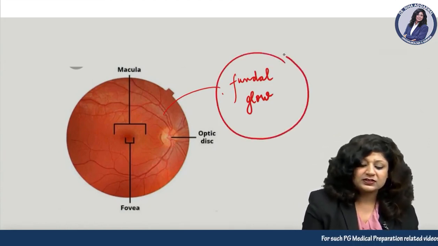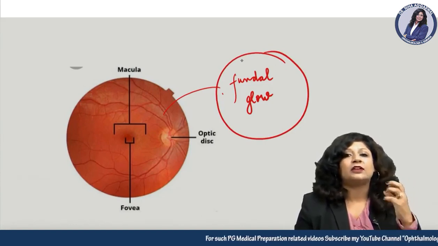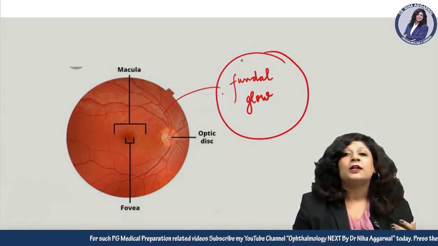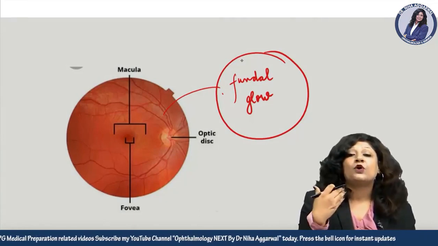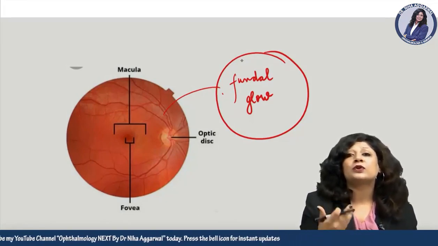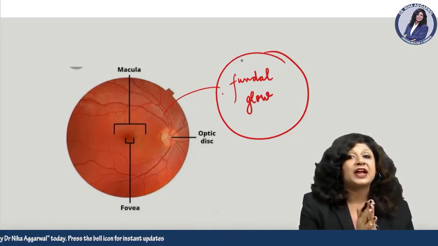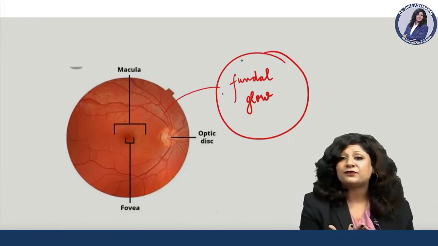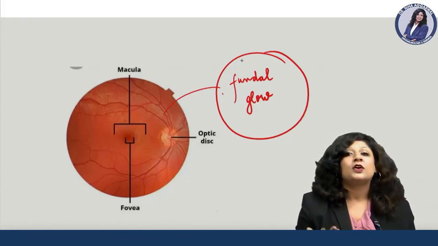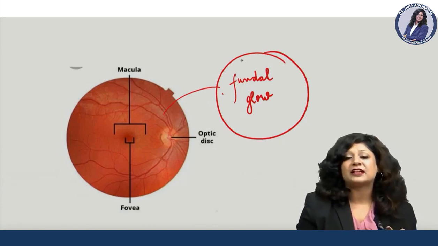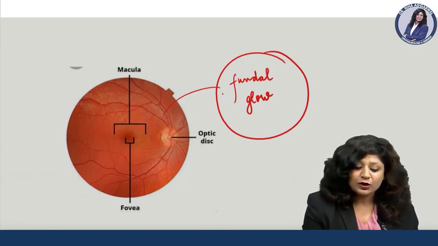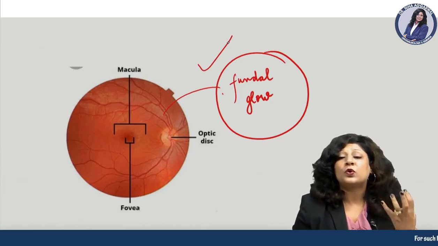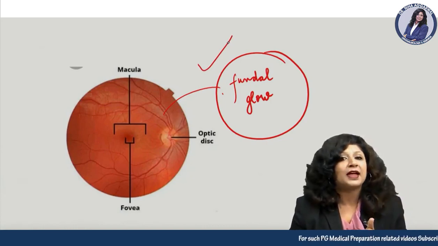Fundal glow means the glow that you get when you are visualizing the retina, due to the fluorescence from the choriocapillaries which are shining from behind the retina. Now, why do we get a reddish reflex when we see the retina? We get this reddish reflex because of this fundal glow, because of the choriocapillaries shining from behind.